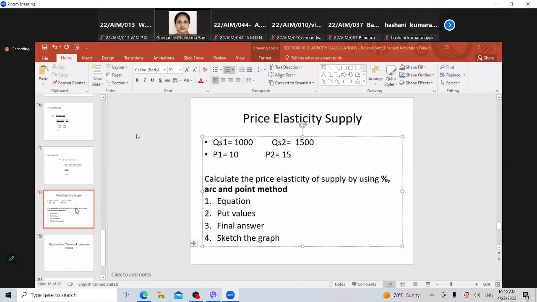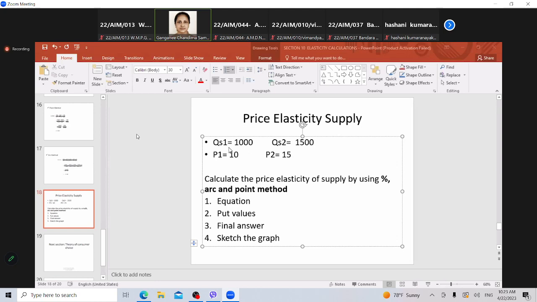Majority understood? Or any explanation needed? Oh, Bandara, graph. Yes, when you are drawing, very good.